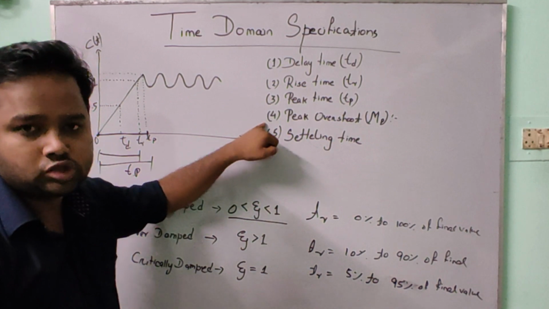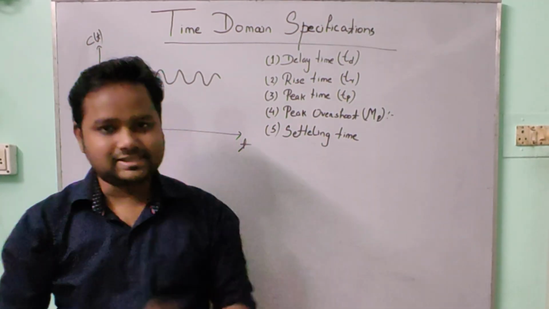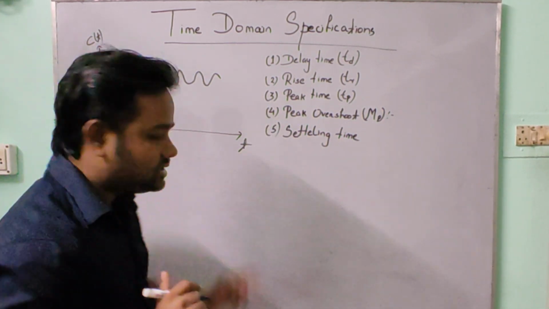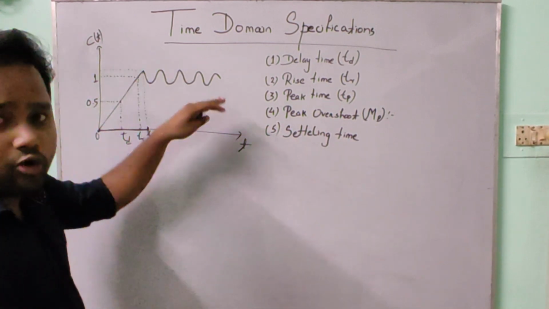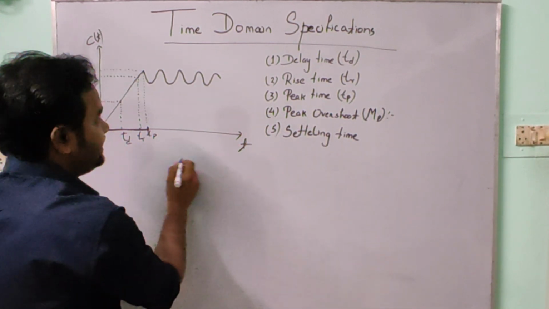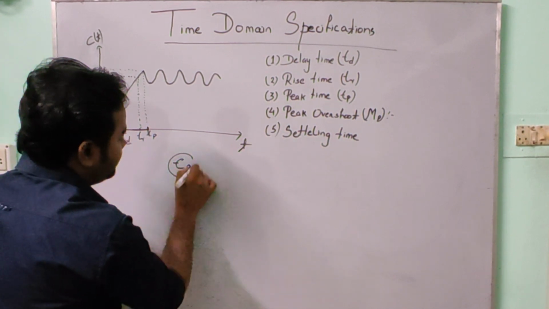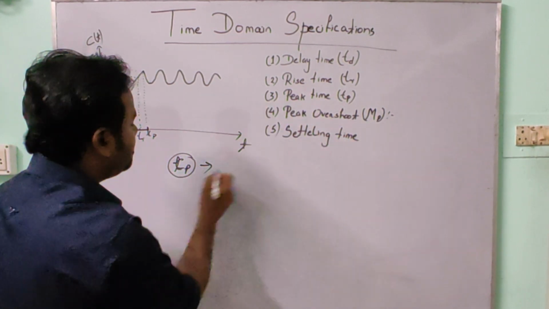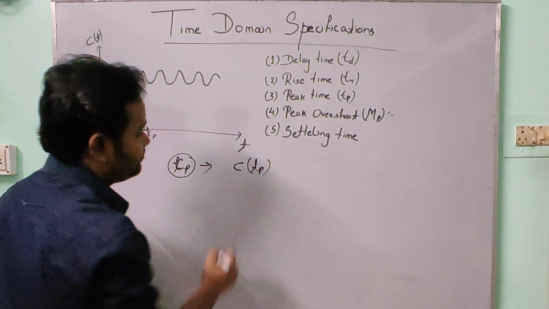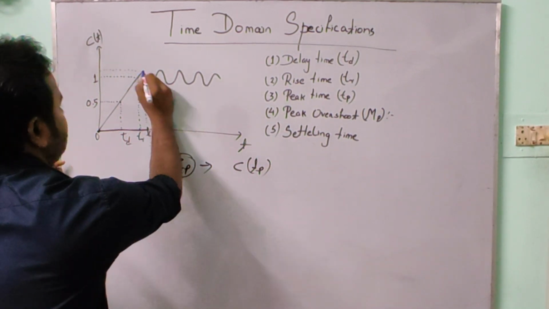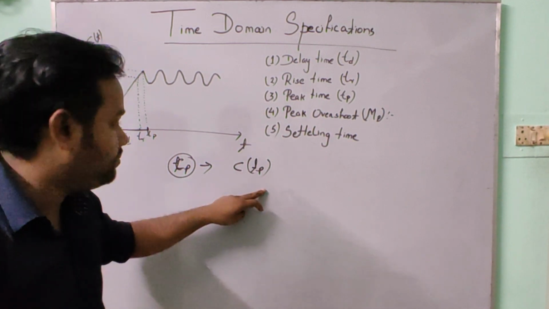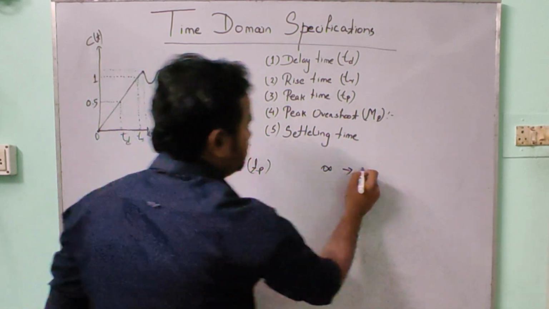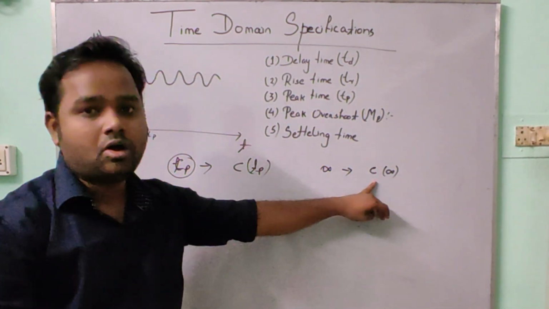Next, peak overshoot. Peak overshoot is a ratio. First we have to study two important things. One is the value of output at maximum value, that is at the time TP, the peak time. At the time TP, the output value is C of TP. This point is the output at maximum value, and another point is at time equal to infinity, where the output is C of infinity, which is the final value.